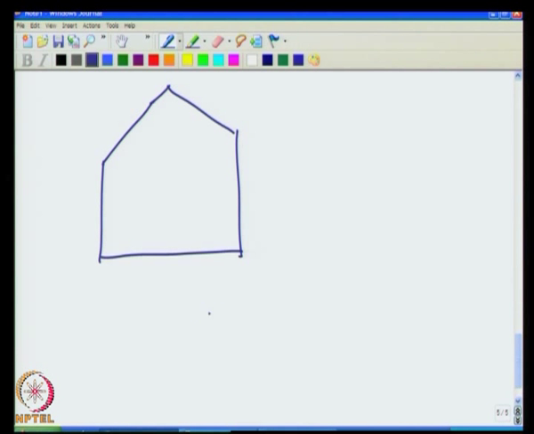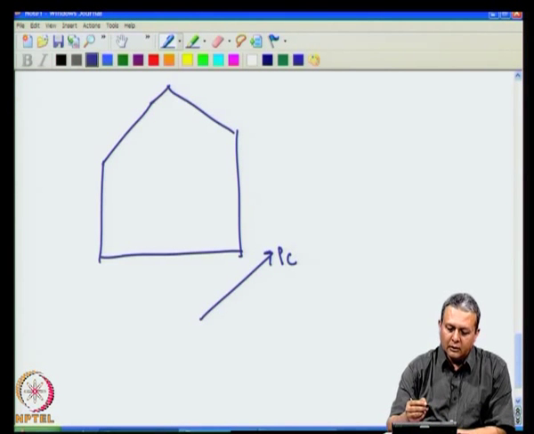So, that means we need to make a movement from the current point along the direction PC.